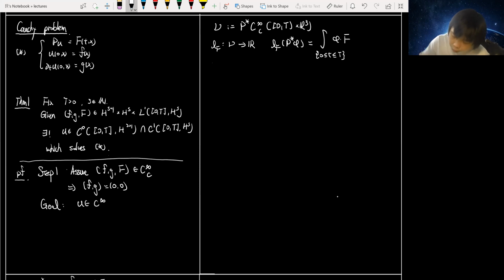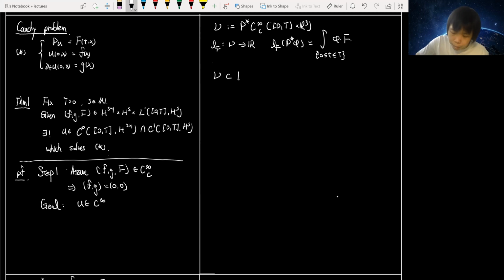V times F. And this space V, well, it is a differential operator with smooth coefficients acting on smooth functions. So there are still smooth functions.